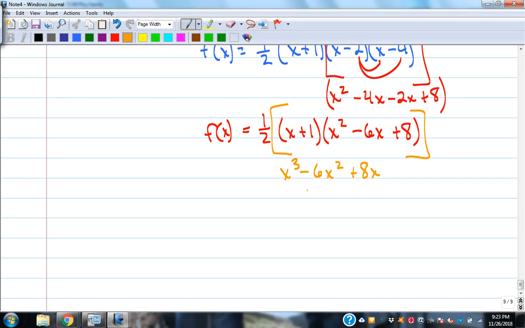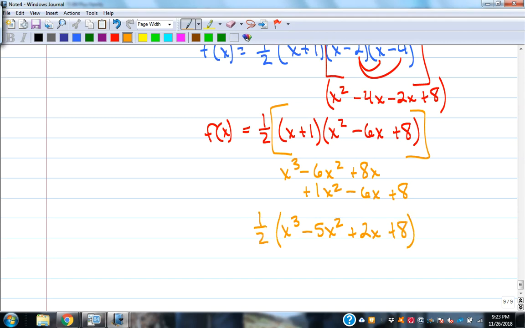Then 1x squared minus 6x plus 8. Y'all remember doing this where we stacked them up like that? Been a few weeks, but we've done this. It all ties together. Everything we've done builds on itself. So add that up. I got x cubed minus 5x squared plus 2x plus 8.